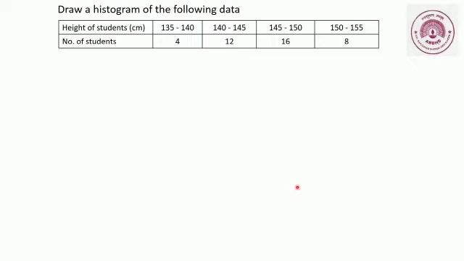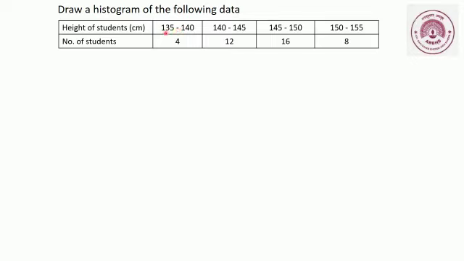Draw a histogram of the following data. Here, there are two rows. Height of students in centimeter and number of students. First row, that is height of students in centimeter, which we will take as class intervals.